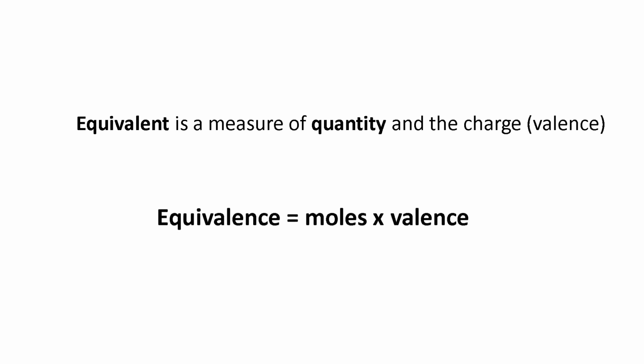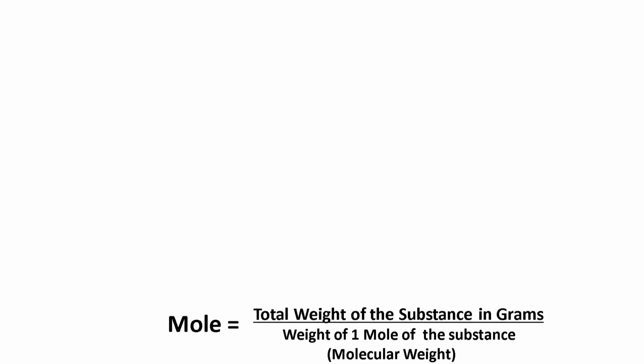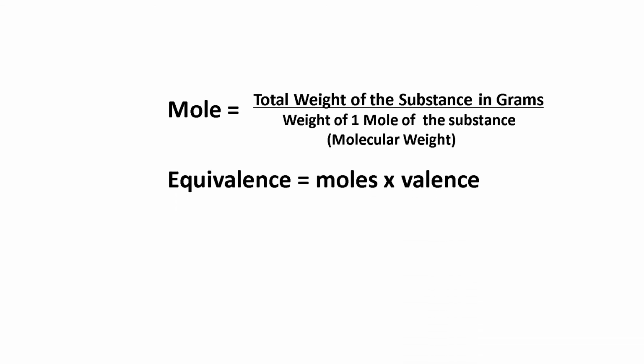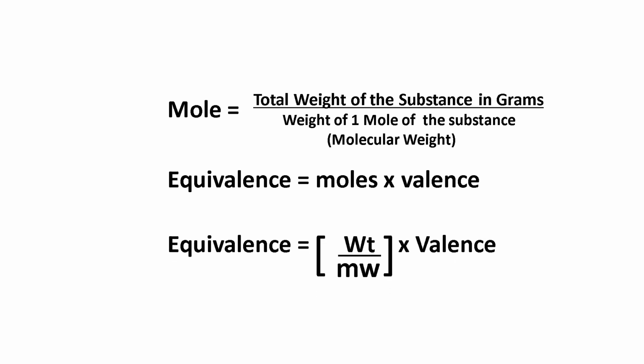So remember the formula: equivalence is equal to moles into valence. 1 mole means molecular weight. So equivalence is equal to weight divided by the molecular weight multiplied by the valence.